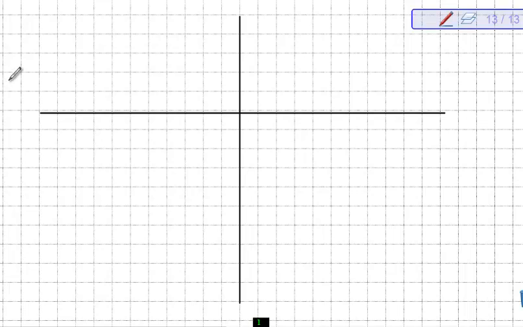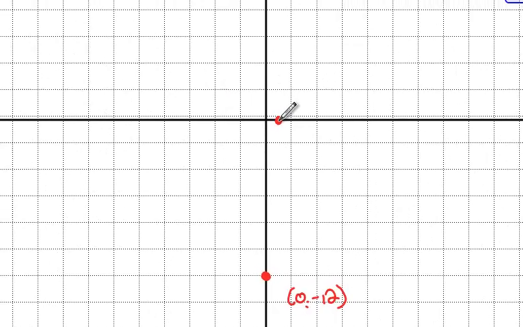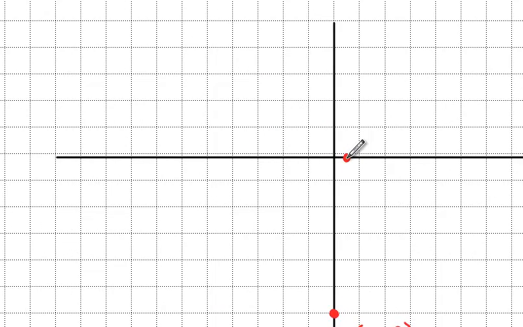So let's see. If I go 2, 4, 6, 8, 10, 12. So right here is my (0, -12). And then I have an x-intercept at (1, 0). So I'm going to count those by twos also. I have one at (3, 0). And then I have one at (-2, 0).